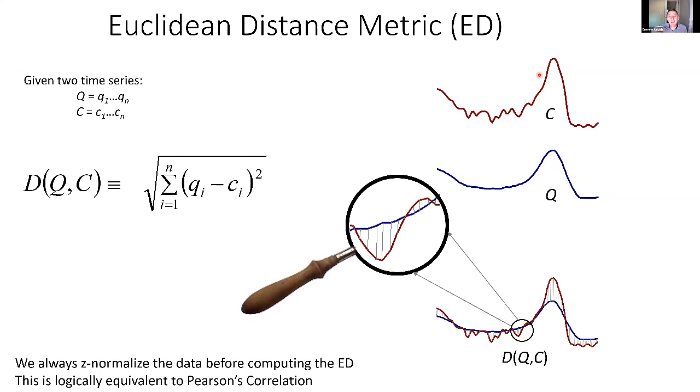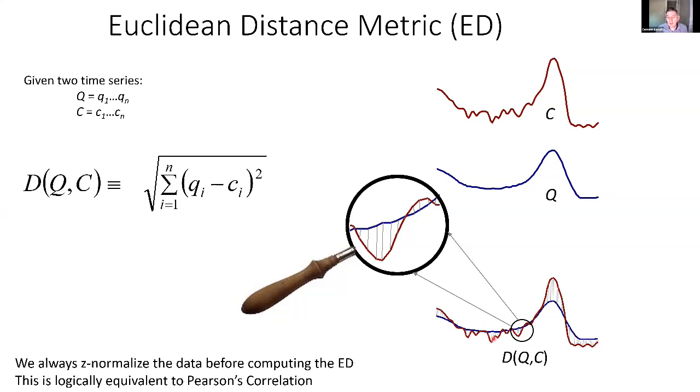There are at least 100 different measures for time series similarity, but the oldest one, literally thousands of years old, is probably still the best. It's the classic Euclidean distance. Here's the formula for it. I'm sure you've seen it before, but the intuition is very obvious. We're going to take the two time series, Q and C, and align them on the same level.